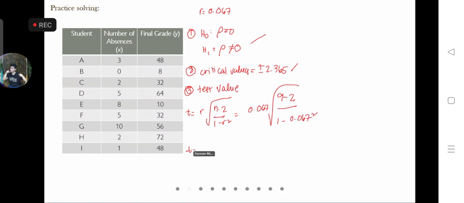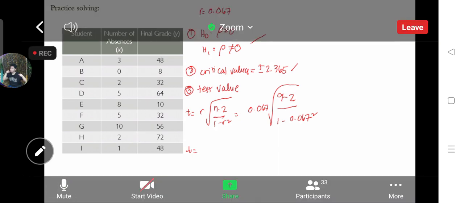What is the value for t? 0.1777, Miss. 0.1777.